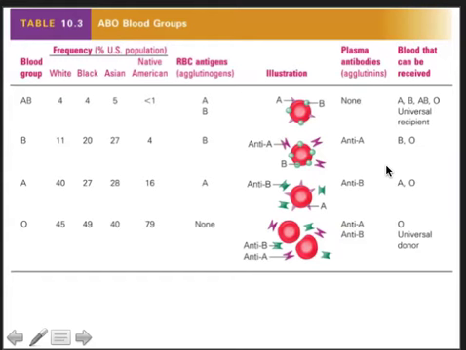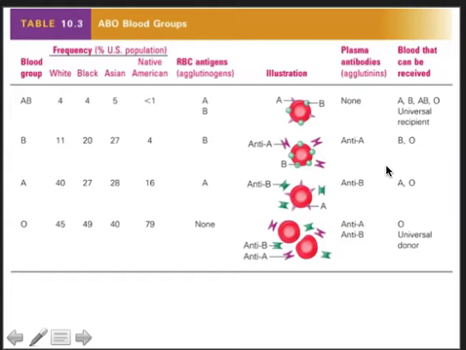Essentially, when we're talking about the ABO blood groups, we're talking about different collections of sugar molecules on the surfaces of the red blood cells that act as identification tags indicating that those particular formed elements belong inside your body.